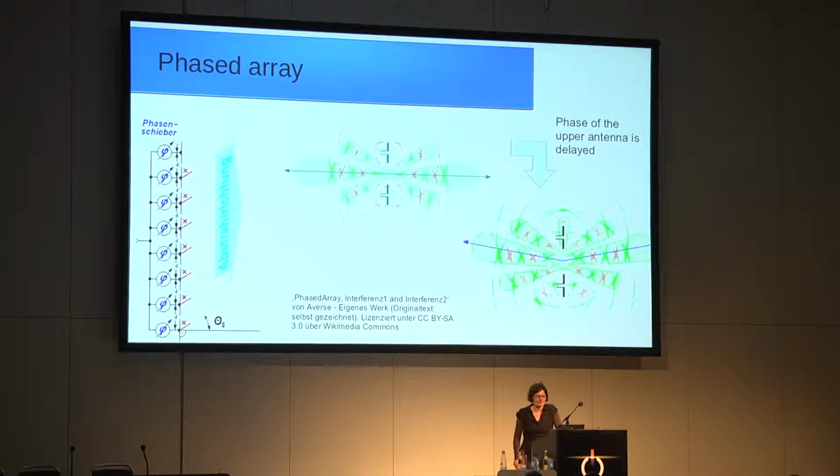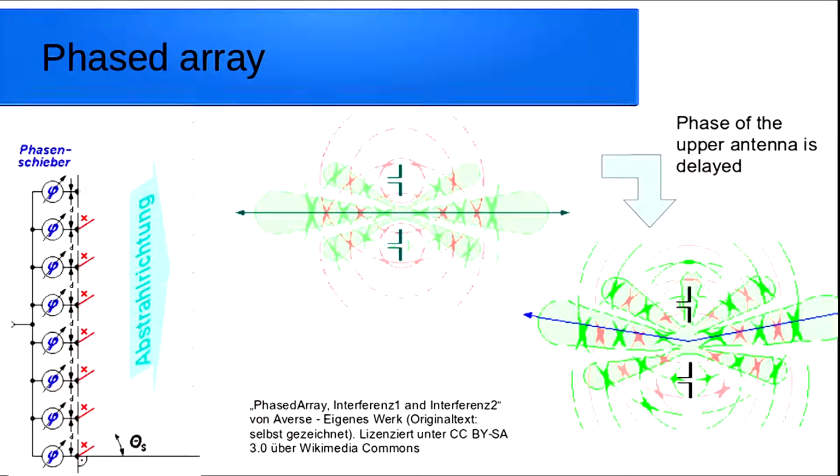There are different techniques to do the phase shift. The first ones were in hardware, so you get just longer cables, for example. Carl Ferdinand Braun invented this technique in 1905. Then it was mostly used, as often, for military purposes.